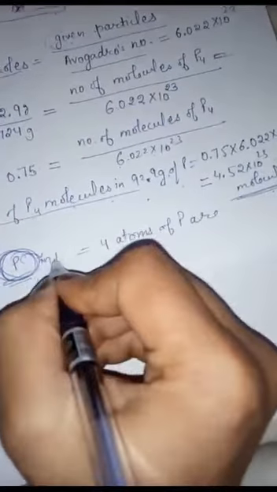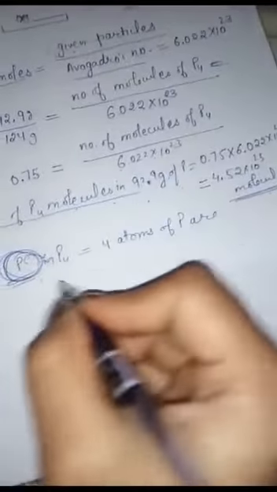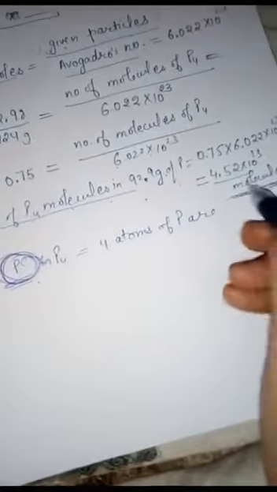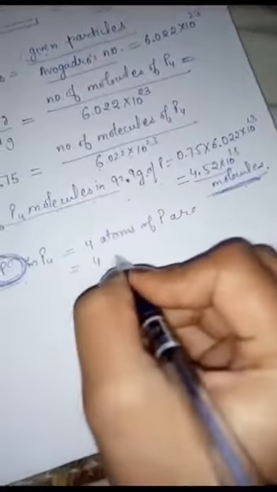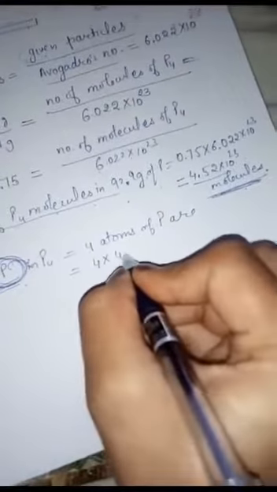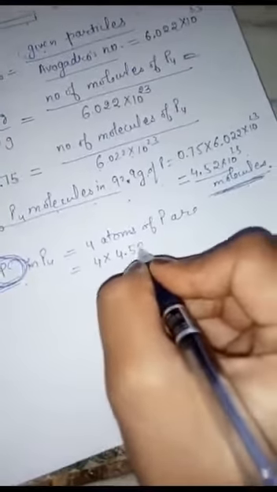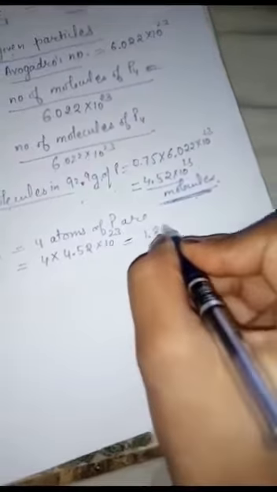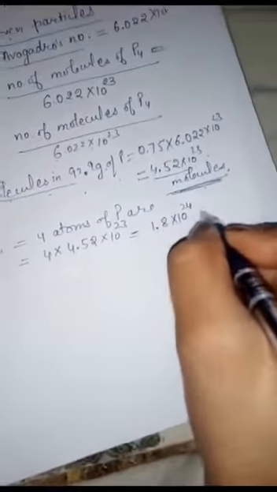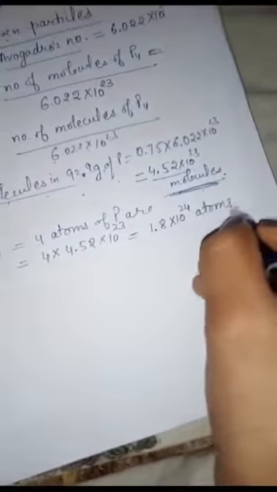So in 4.52 into 10 raised to power 23 molecules, how many atoms will be present? It will come 4 into 4.52 into 10 raised to power 23. When you solve it, it will come 1.8 into 10 raised to power 24 atoms. Clear?